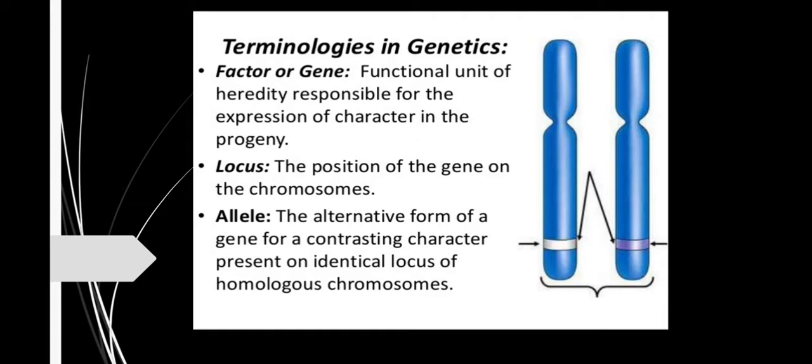So a pair of chromosomes which are identical in shape, in size, in all the genes it holds is called a homologous chromosome. So alleles occupy the identical locus on both the chromosomes, that is, a homologous chromosome. And alleles are represented by letters, and for a gene there is a pair of alleles. So each gene has a pair of alleles.